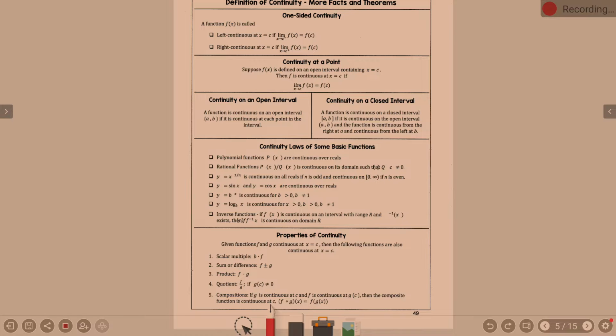Continuity, we've already talked about that. F of x is defined on an open interval. F is continuous if the limit is equal to the point. We'll talk about continuity on open intervals versus closed intervals. It's continuous on an open interval, with parentheses, if it's continuous at each point. A closed interval is basically the open interval, and it has to include the left and right pieces.